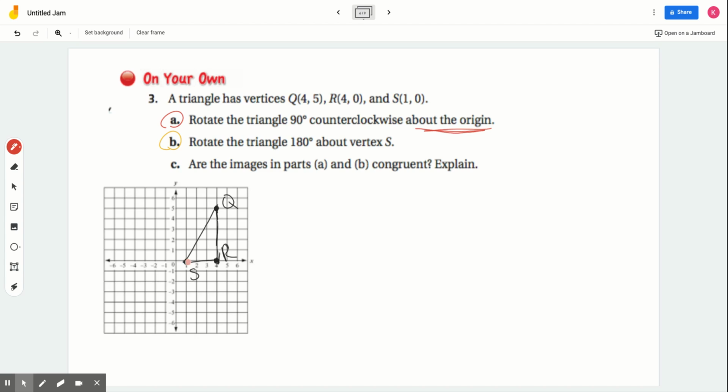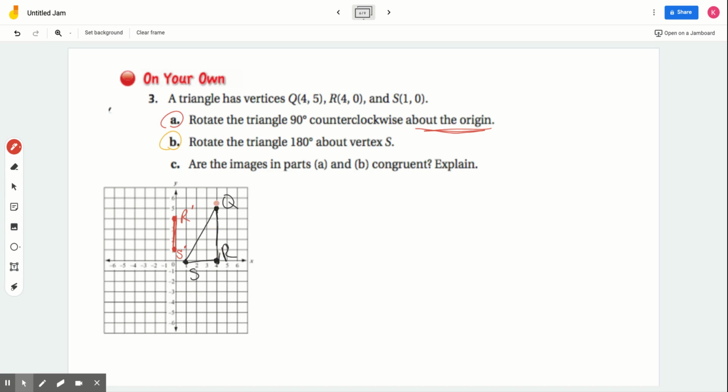So we can see that letter S is 1 away from the origin. So we're going to move 1 away from the origin and make that S prime. Now, from S prime, or from S, we see that R is 1, 2, 3 blocks away. So starting from S prime, we're going to move 1, 2, 3 blocks away to make R prime. And we can connect those.